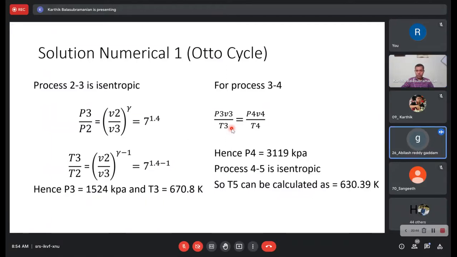Yes sir, 630.42 somewhere. So we have T5 around 630.